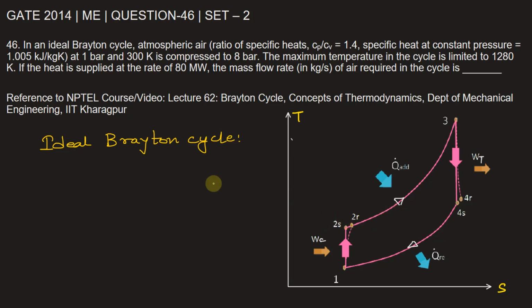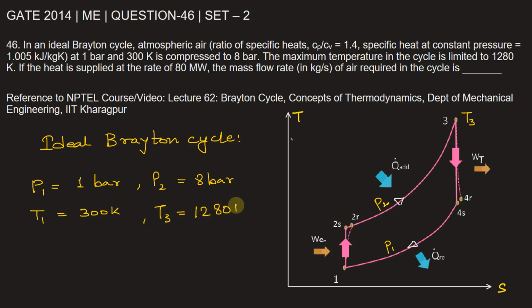Now in the problem it is given that P1 is 1 bar and P2 is 8 bar. Process 2 to 3 is constant pressure, so this is P2, and heat is rejected at the pressure P1. Also the initial temperature T1 is 300 Kelvin and the maximum temperature, that is T3, is 1280 Kelvin.